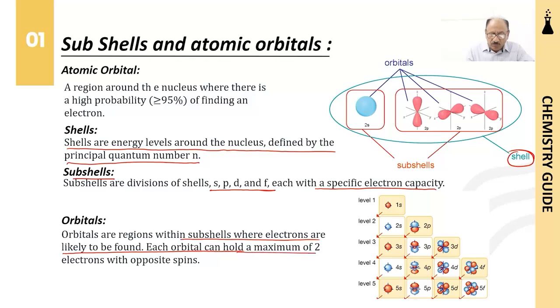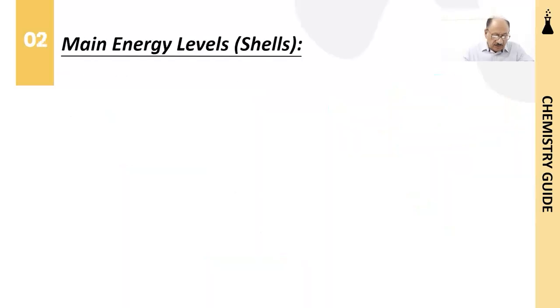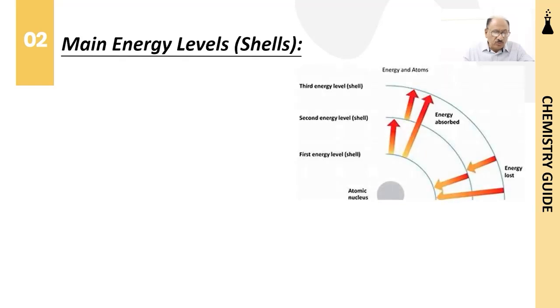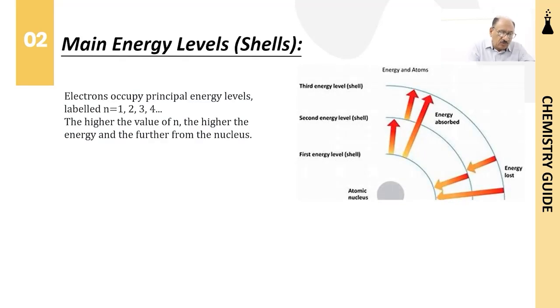Each orbital can hold a maximum of 2 electrons with opposite spin, and this is basically level 1, level 2, level 3. So we can write 1s, 2s, and 2p, then 3s, 3p, 3d, the 4th level, and 5th level. And further we can go to the main energy levels, which are shells.